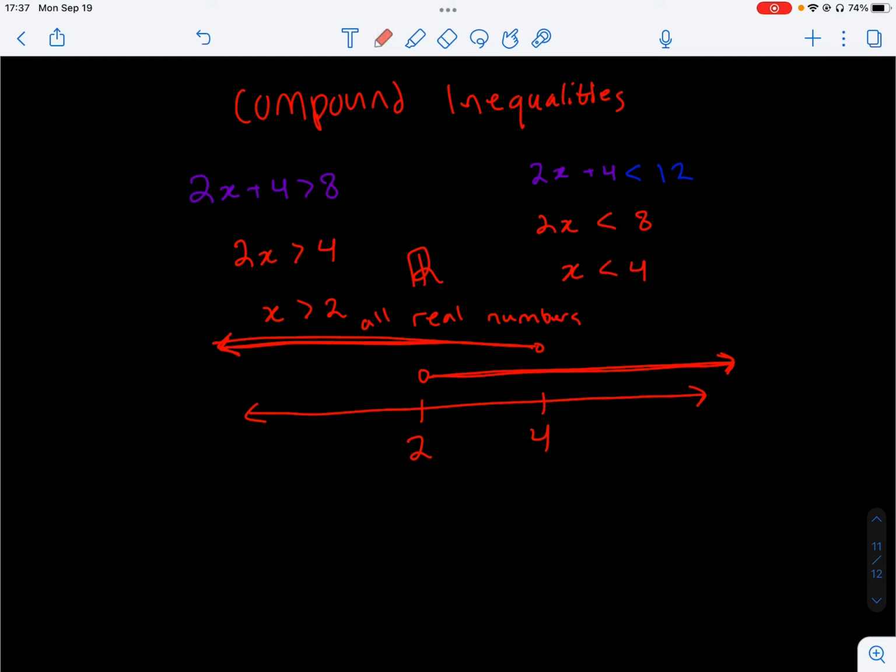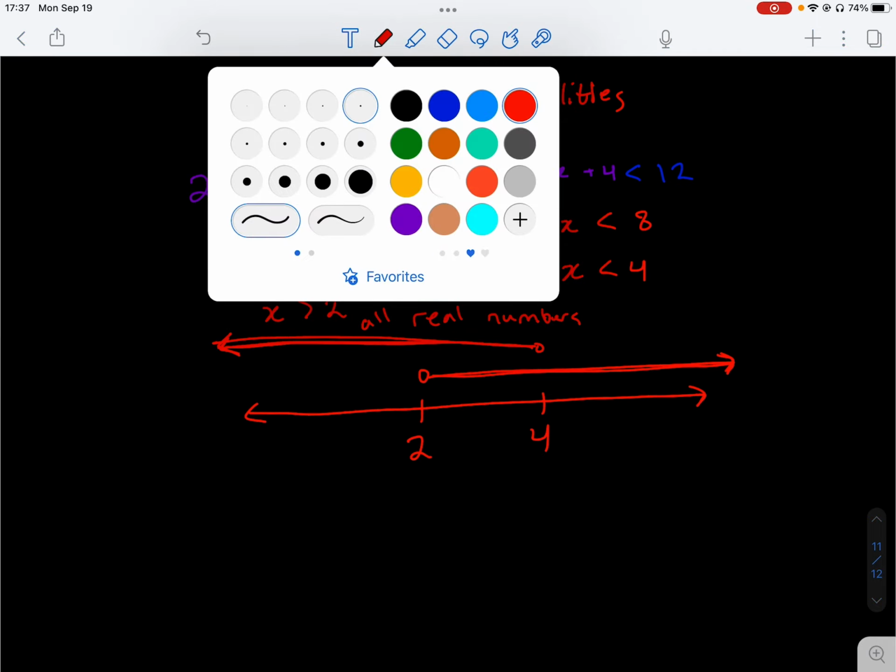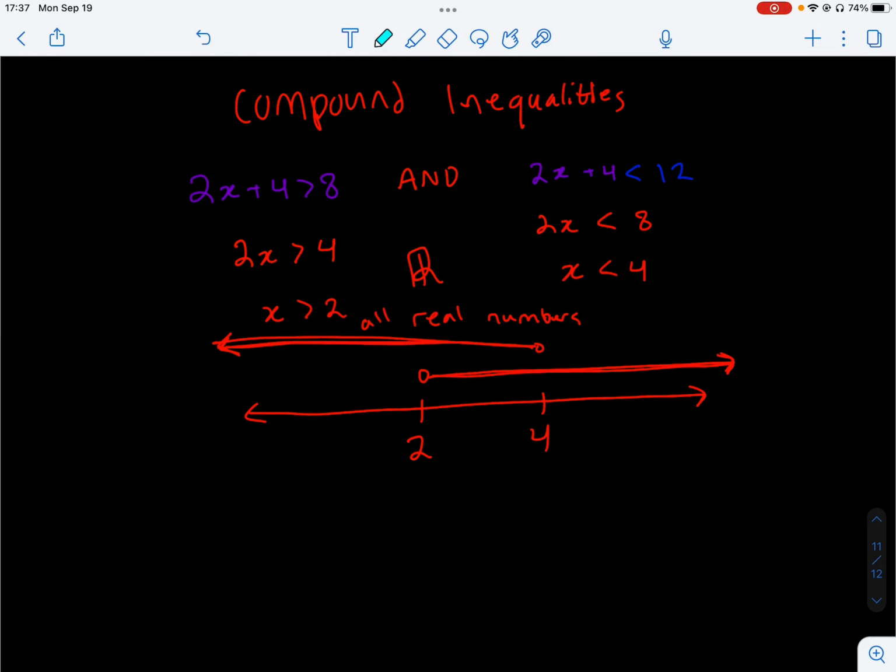However, there's another idea that we can test here, and that is the and inequality. And here we will have actual solutions. So I'm going to look at this graph again, and I'm going to use this light blue color. I'm going to say, okay, for what values of x is this inequality true? And at the exact same time, is this inequality true?